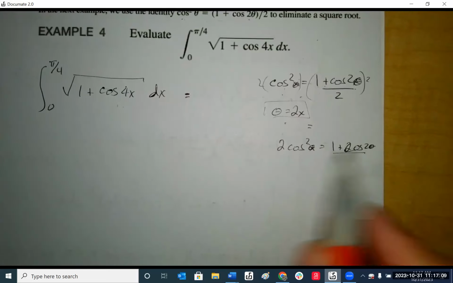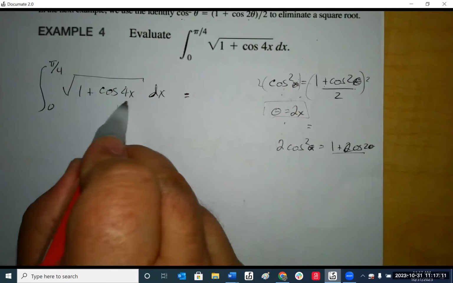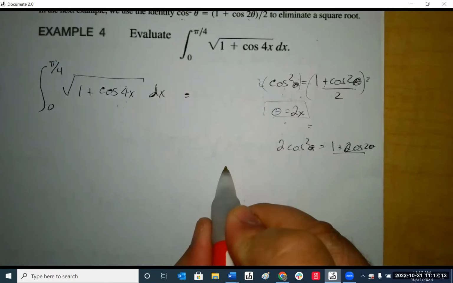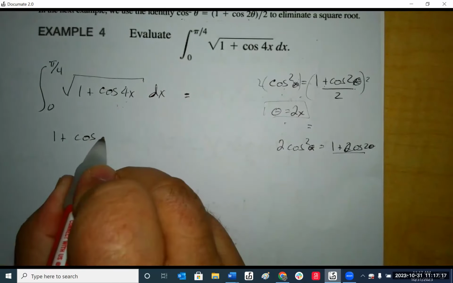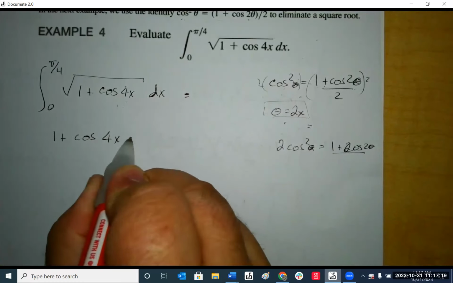Okay. So inside here, we have 1 plus cosine 4x.